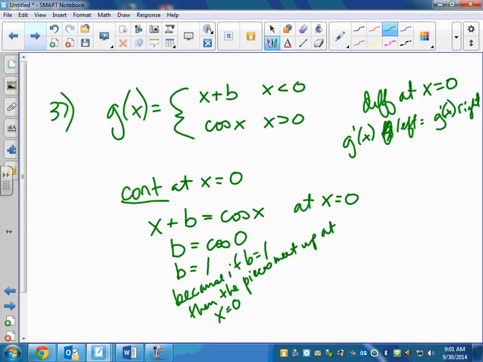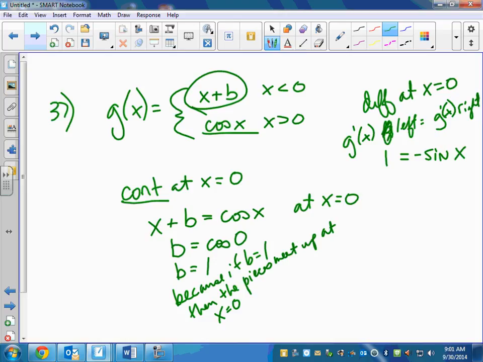So let's just take the derivative of the top and the bottom. If I take the derivative of this, where b is a number, the derivative of x is just 1, the derivative of b is 0. If I take the derivative of the right side of that graph, if I take the derivative of cosine, I get negative sine of x.